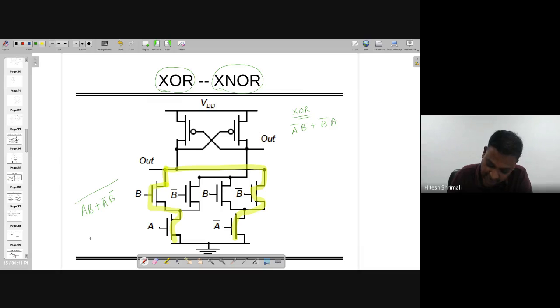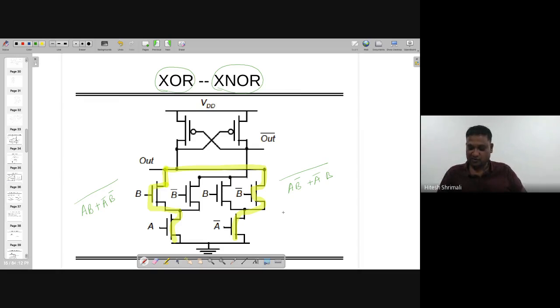Am I making any mistake here? Here it's AB or A bar B bar complement. The other side is AB bar or A bar B, its complement, right? So these are the two numbers available at both the outputs, right?